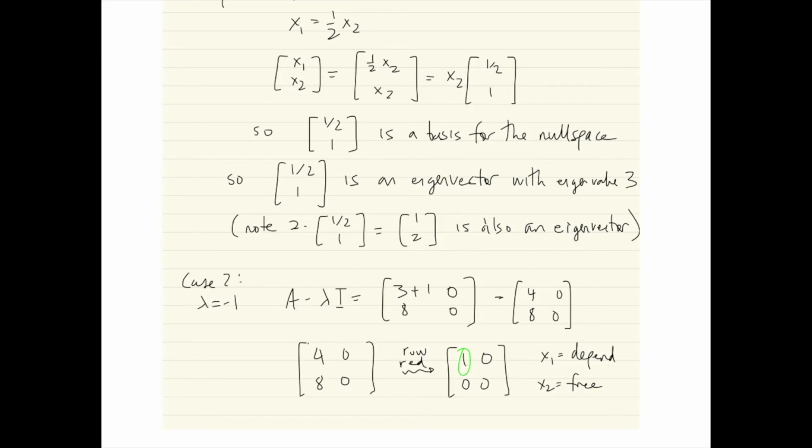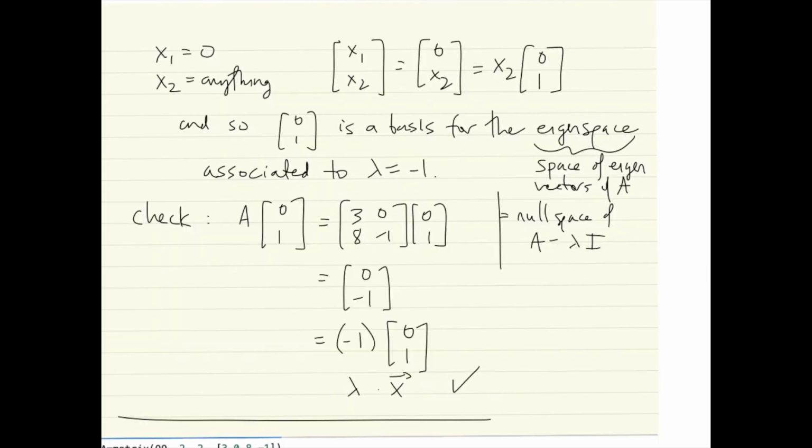this matrix here, and then that tells us that x1 is the dependent variable, x2 is the free variable, and then x1 has to equal 0, x2 can be anything. So our choice of x is x2 times this vector here, and so (0, 1) is a basis for the eigenspace with eigenvalue -1.